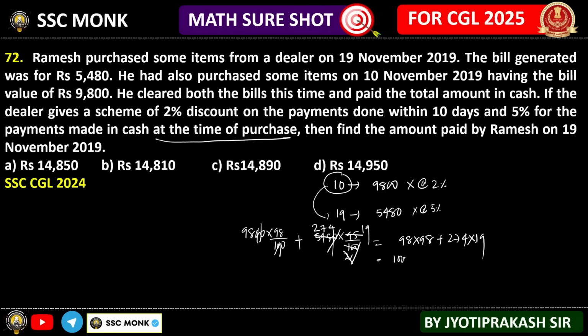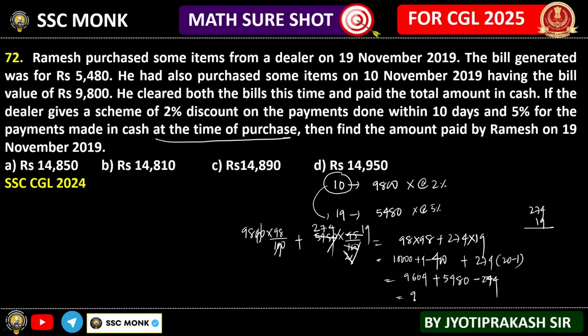That is equal to 10,000 plus 4 minus 400 plus 274 into 20 minus 1. This can be written as 10,004 minus 400, that is equal to 9604, plus 274 into 20, that is equal to 5480 minus 274.